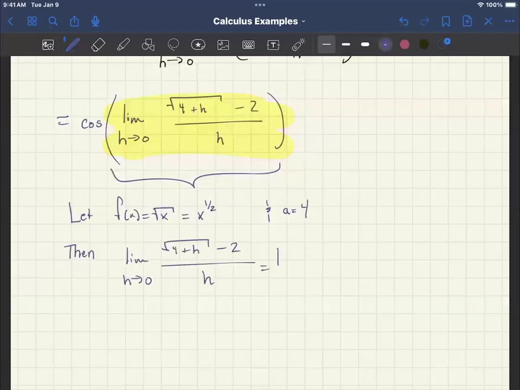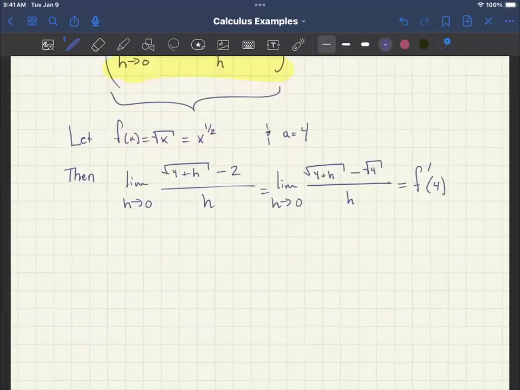I'm going to rewrite this just a little bit. So I'm going to leave the initial stuff alone, square root of 4 plus h, and I'm going to change our second term here into the square root of 4 all over h. This thing right here should look to you like a derivative using our definition of a derivative. In fact, it is the derivative of our function at 4 when our function is square root of x.